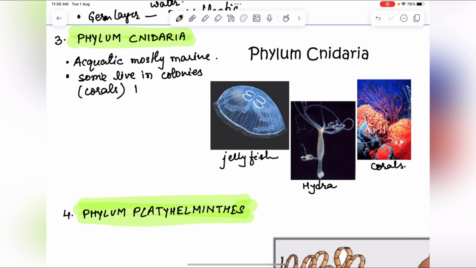And Hydra live in solitary, means alone. Third point is the body symmetry is radially symmetrical. They are radially symmetrical.